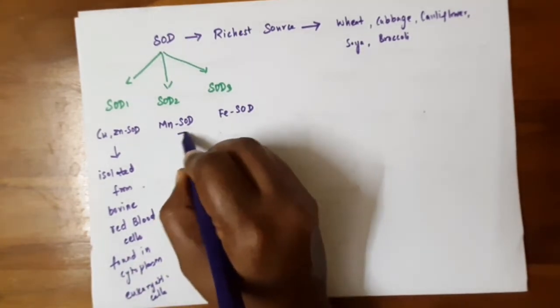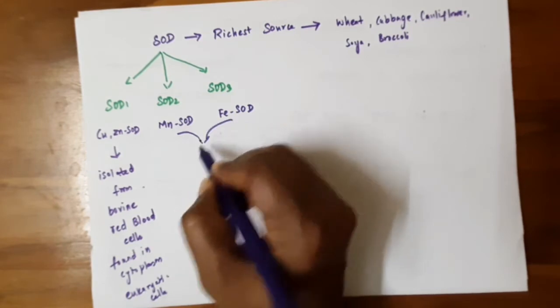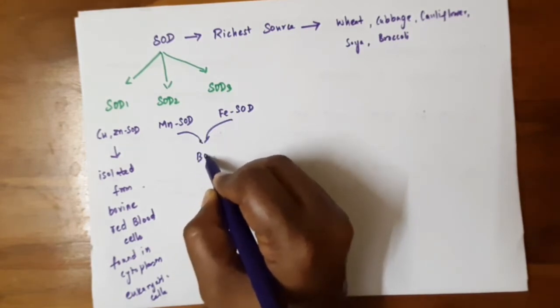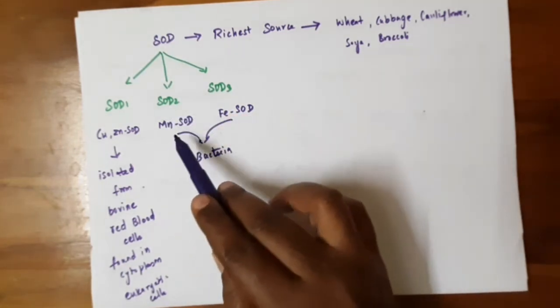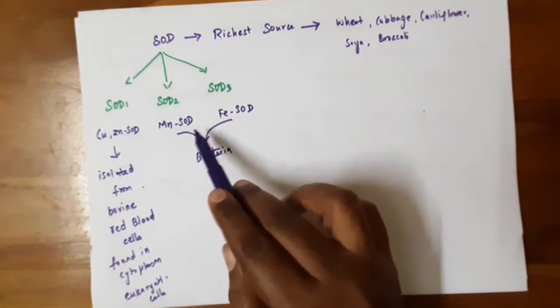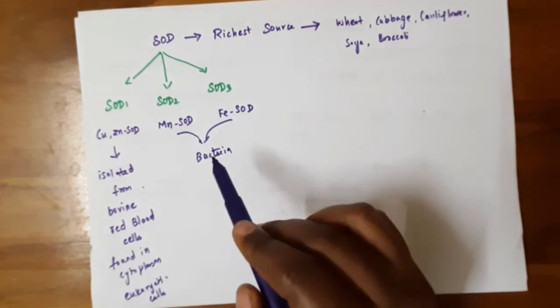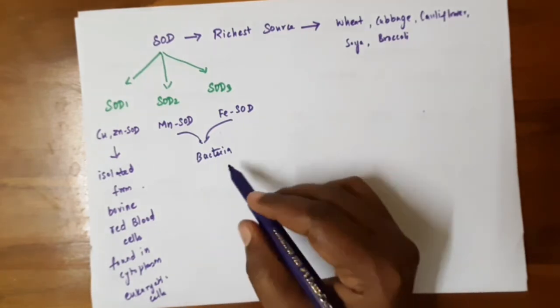These other two forms are richest in bacteria. Manganese superoxide dismutase and iron superoxide dismutase are found in bacteria, that is prokaryotes.